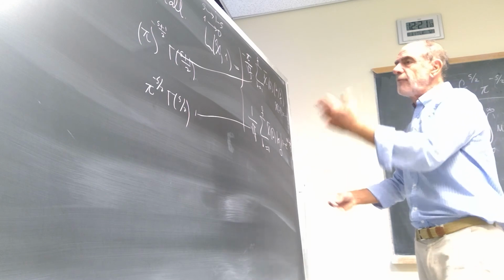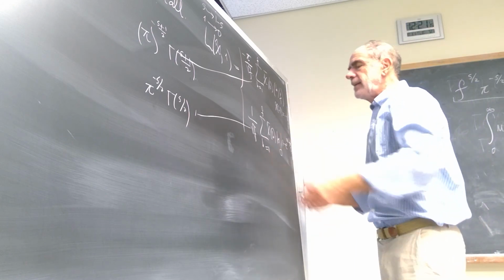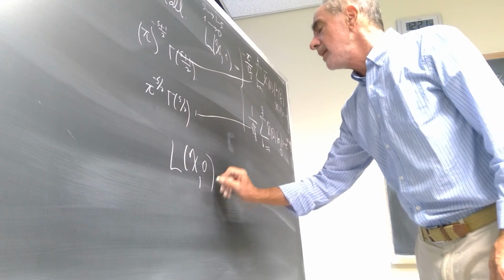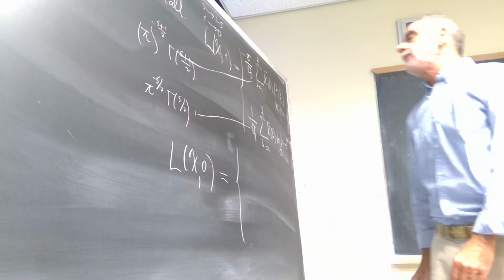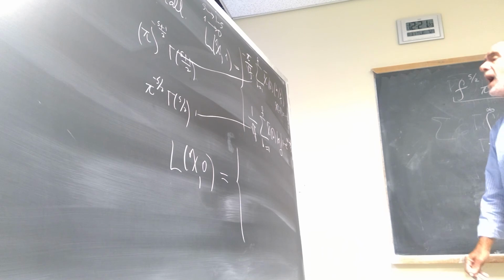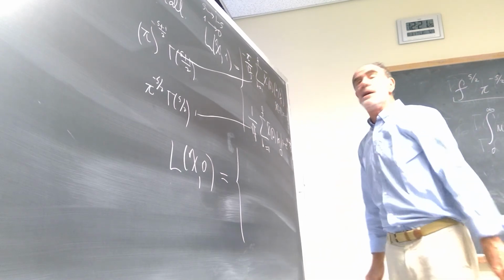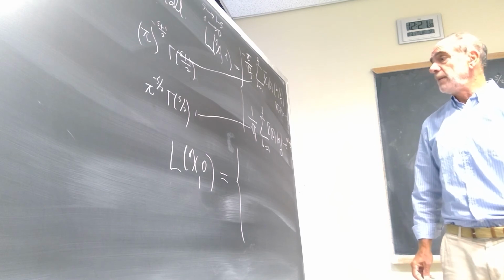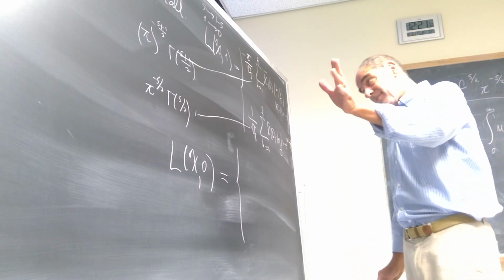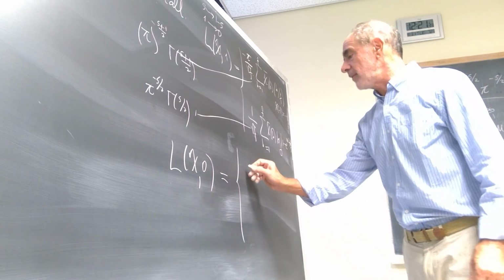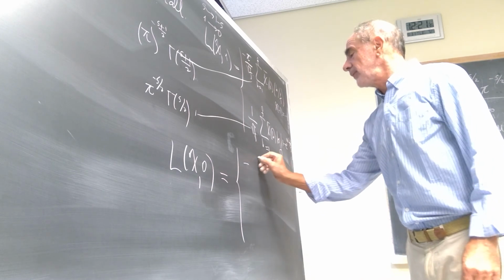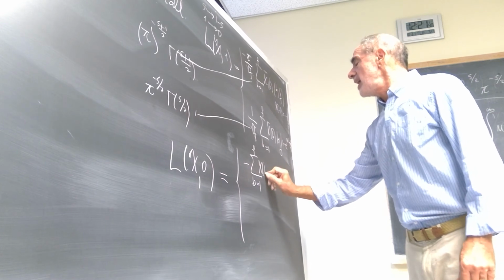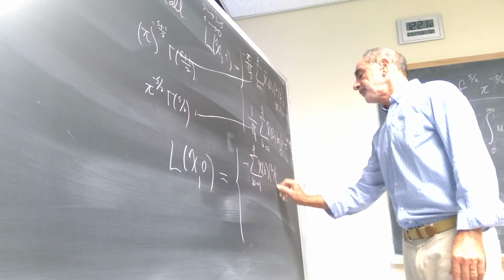And when you go through dividing by the conductor and everything like that, you find that L of chi at 0 is much simpler than the formula was at 1. First of all, chi bar is replaced by chi, which is already better. So this becomes something like, up to constants, minus the sum from b equals 1 to f of chi of b times b over f.